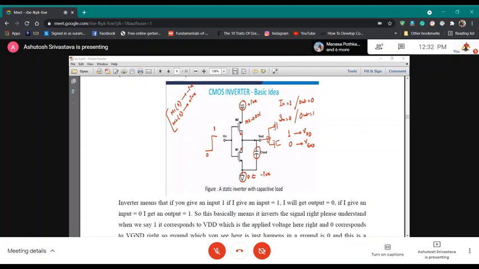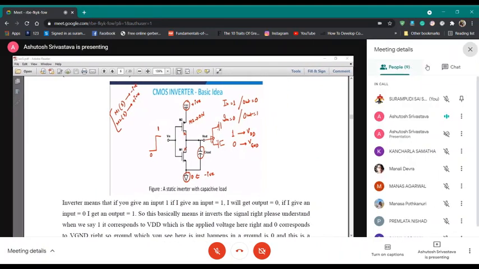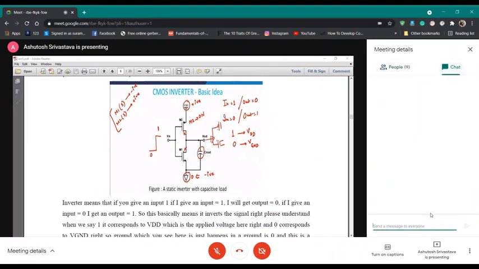So how can you do that? We have talked at the very initial stage. What are the parameters that define your threshold voltage?